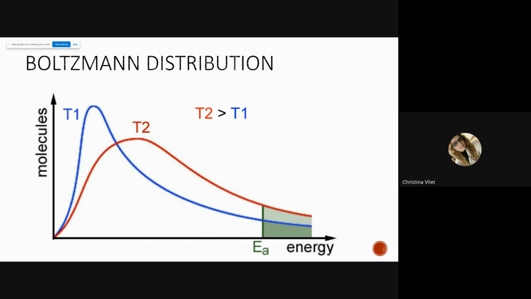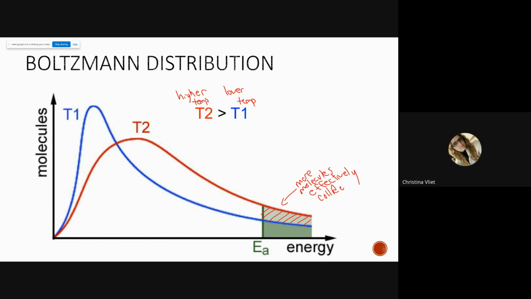So at a high temperature, T2 stands for higher temp, and T1 stands for lower temp. You need to note that at a higher temperature, more molecules effectively collide, because more molecules have an energy higher than the energy of activation needed for the reaction to occur.